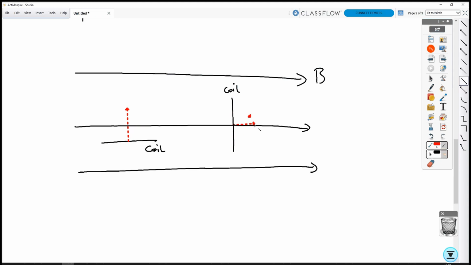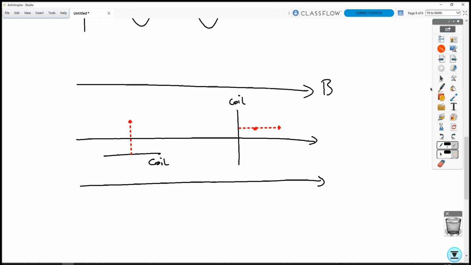So in this side, we've got a right angle.